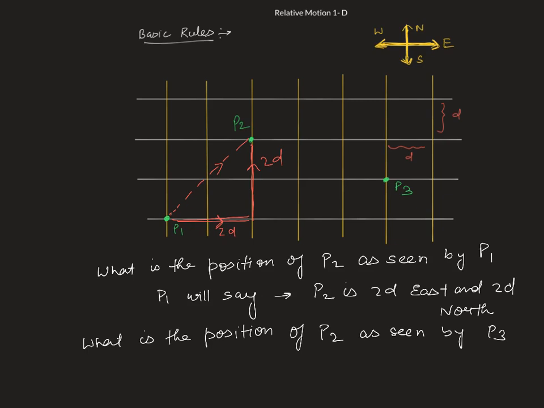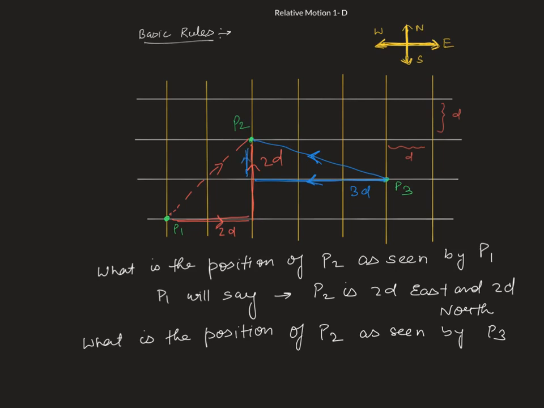What does P3 say about the position of P2? So P3 has to say that the position of P2 is something like this, and in order to reach the position of P2, I'll have to move first, as you can see, 3 units towards west. This direction is west, the left is west, so 3D towards west, and then D towards north.